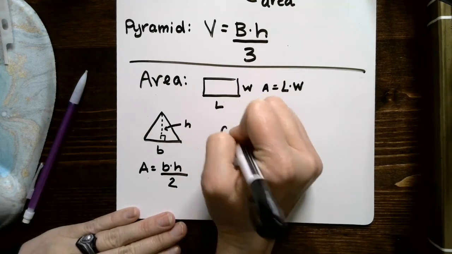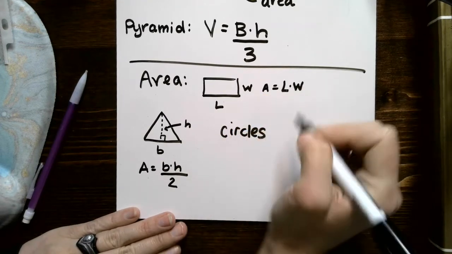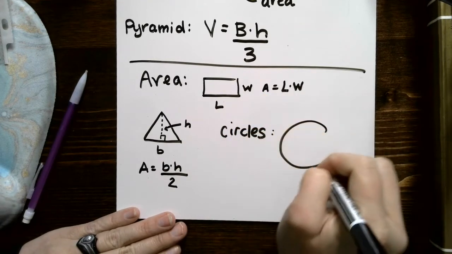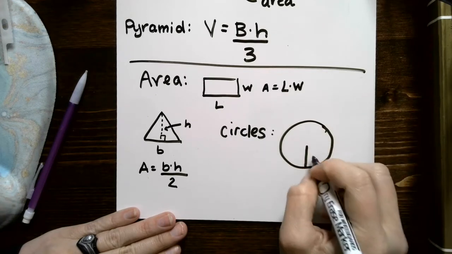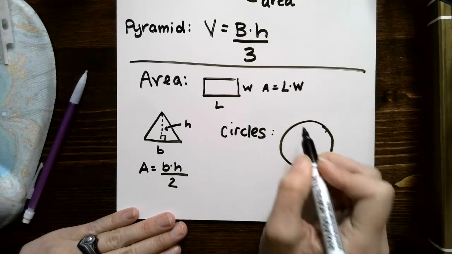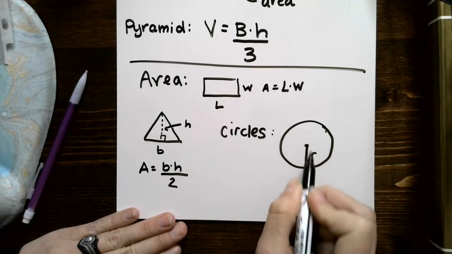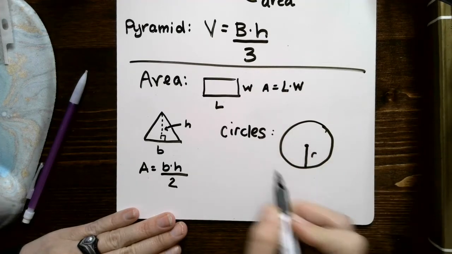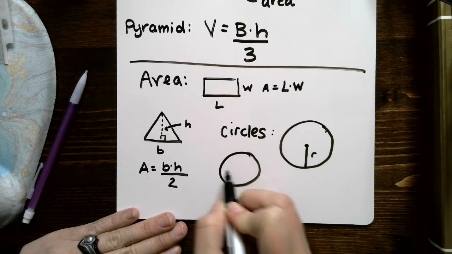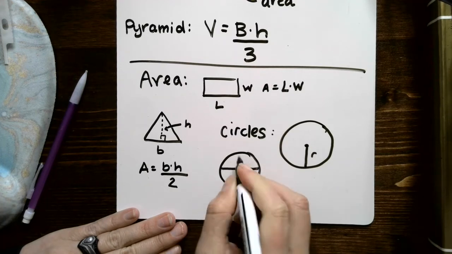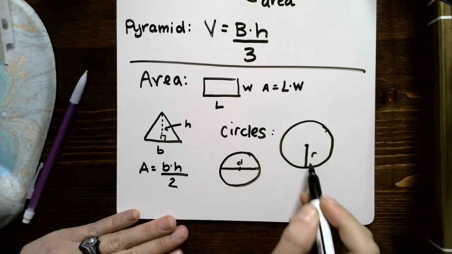I forgot that one. Circles. To find the area of a circle, remember your radius goes from the center outward and it can go anywhere on the circle. Your diameter is all the way across. That's going to be your diameter, so it's 2 of your radii.